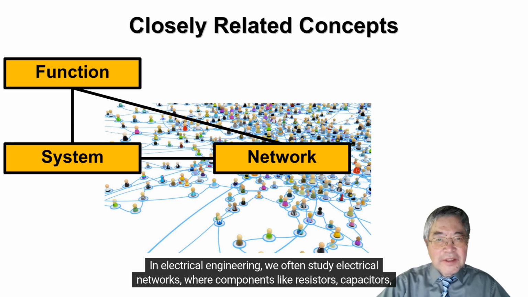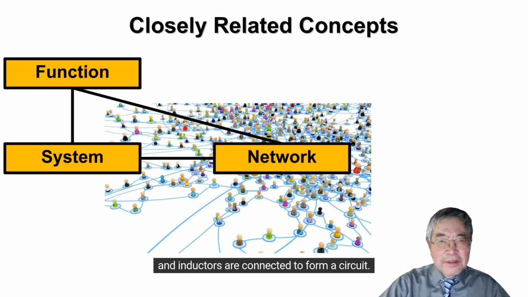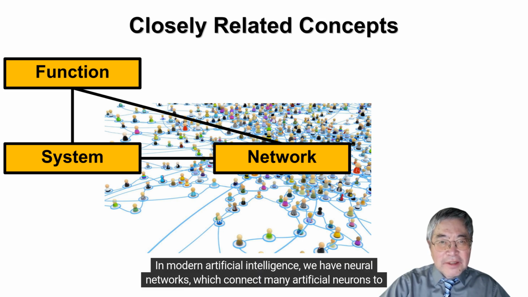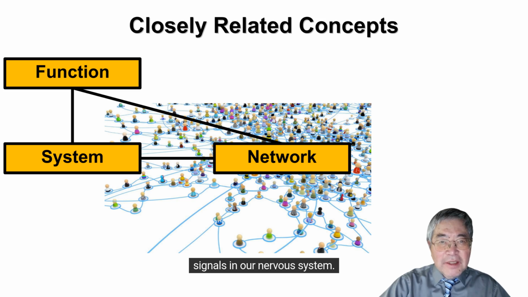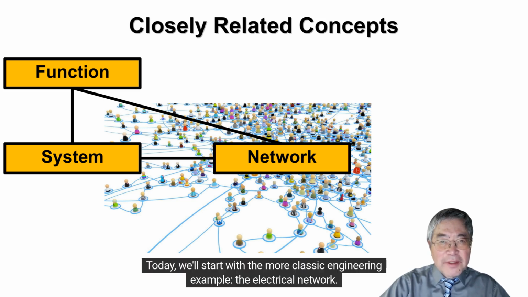In electrical engineering, we often study electrical networks, where components like resistors, capacitors, and inductors are connected to form a circuit. In modern artificial intelligence, we have neural networks which connect many artificial neurons to process information, in some ways similar to how biological neurons communicate through electrical signals in our nervous system. Today, we'll start with the more classic engineering example, the electrical network.